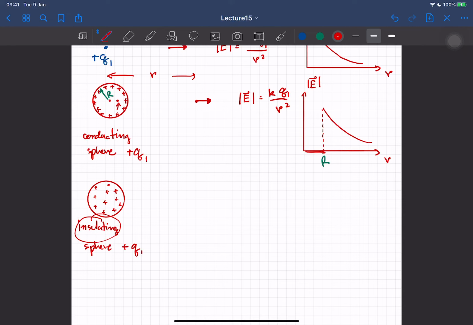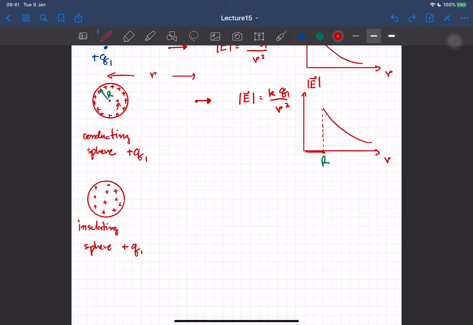Because it's an insulating sphere, the charge doesn't have to be at the surface anymore, right? Because the charge cannot move. So let's say we can evenly distribute the charge Q1 all over the meat of this sphere. Think about a bowling ball or something like that, and the charge is everywhere inside the bowling ball. And the total charge is Q1.